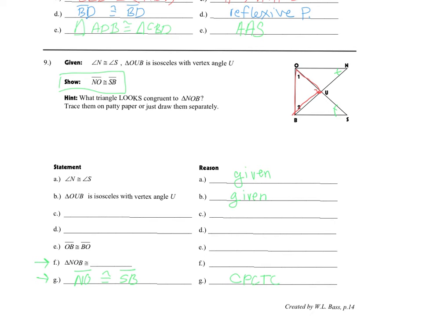Okay, so what that tells us is that this would have to be congruent to this. And so that could be our next step in our proof, to say that segment UO is congruent to segment UB. And that is going to just be by the definition of an isosceles triangle.